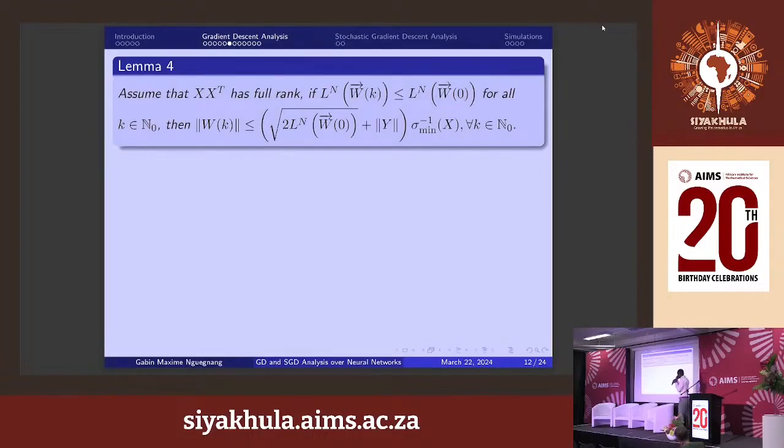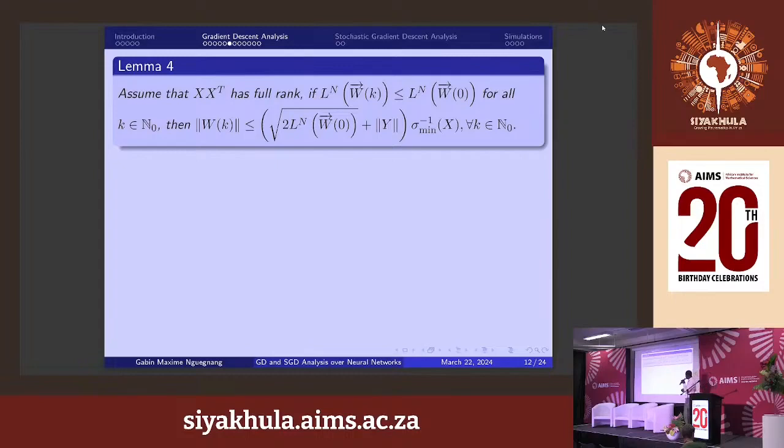So in order to fill this gap and connect theory more to practice, we came up with this lemma that provides a bound of the factorized matrix. I just want to remind you that W is the factorized matrix of the network.